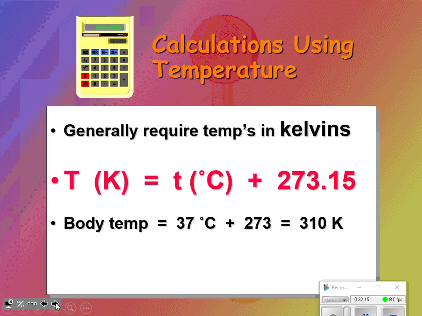Example, our body temperature is roughly 37 degrees Celsius. How much Kelvin? Well, we add 273.15, which I didn't do there. I just did 273. So the answer is going to be 310.15 Kelvin.